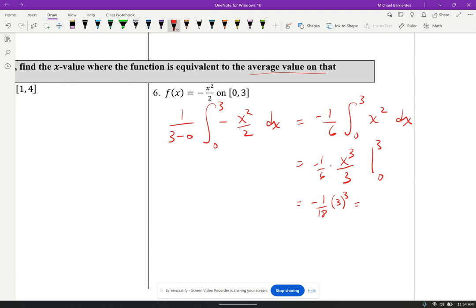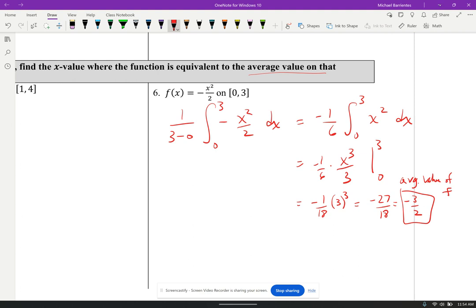And when I do this, that's going to be negative 27/18, which if you divide by 9 will give you negative 3/2. Now, this is the average value of f on that interval.